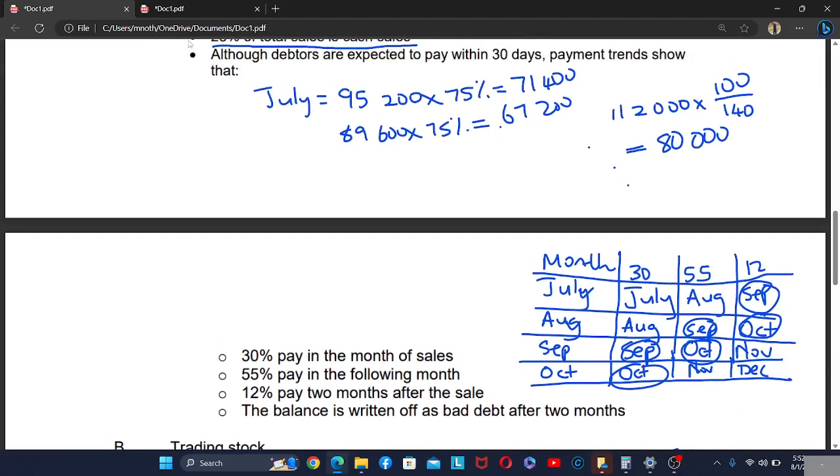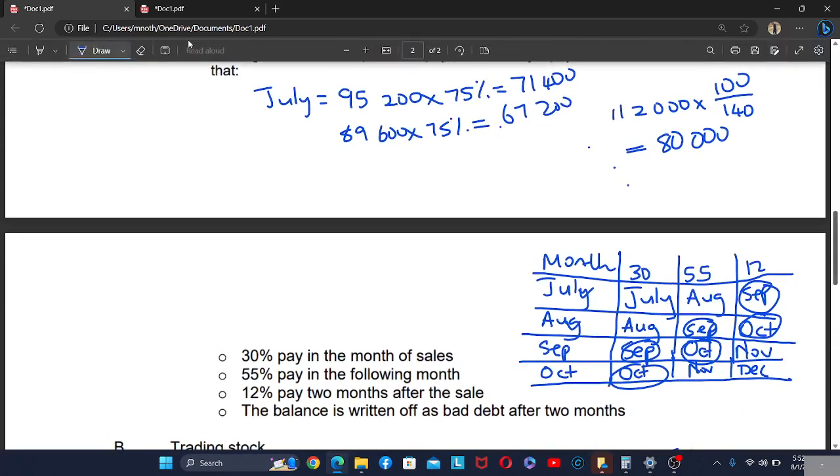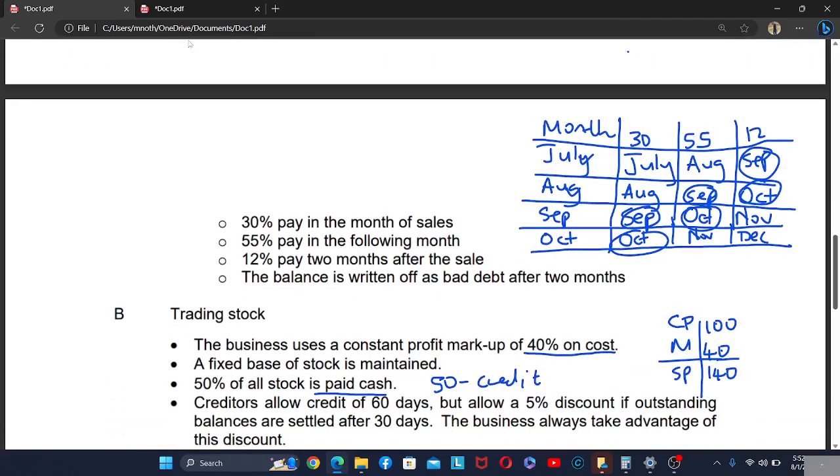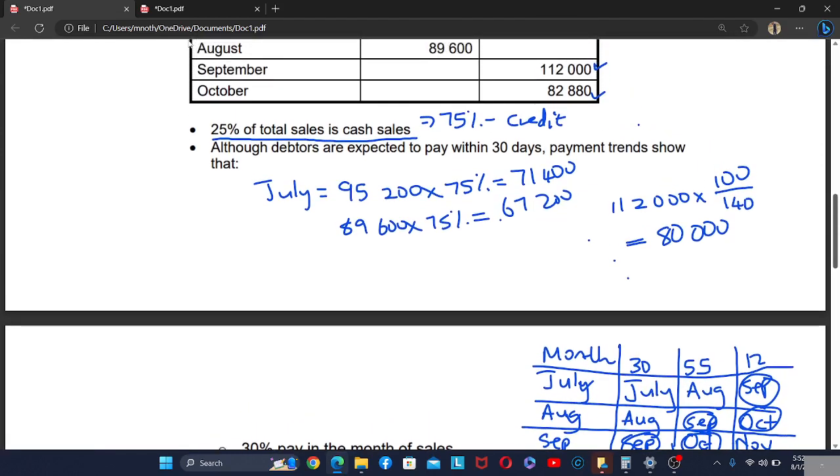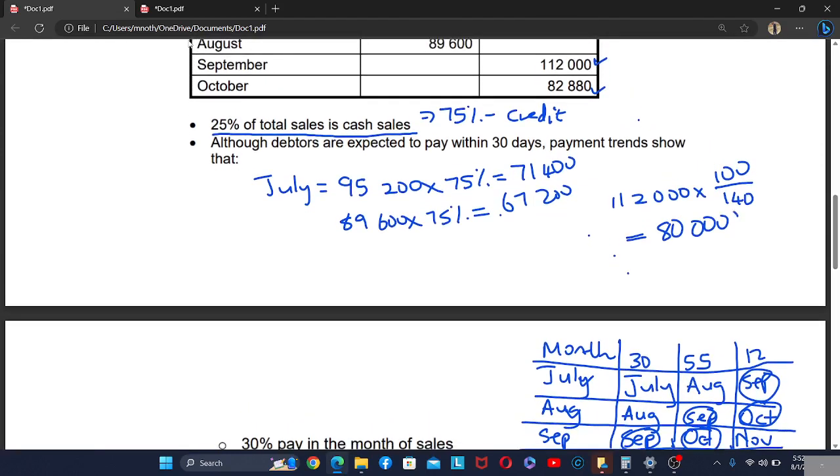Now, what does this mean? This means that the business pays its creditors after 30 days. Okay, the business pays its creditors after 30 days. So this means that because the business is going to cycle, because the business is going to buy the trading stock for 80,000 in September, and then 50% of it is for credit, 50% is for cash.